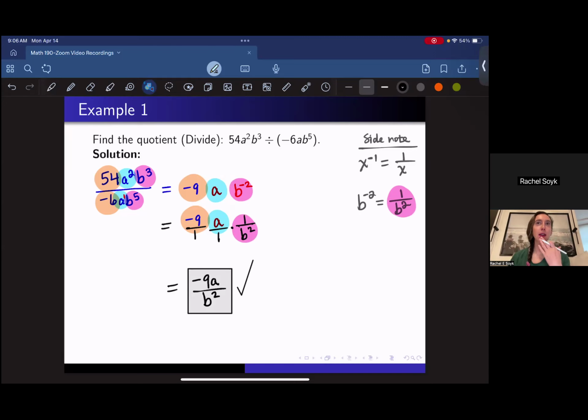I would say dividing monomials by one another is a pretty straightforward process because we're technically just using our knowledge of properties of exponents. It gets slightly more complicated when we're dealing with multiple terms being divided by one another.